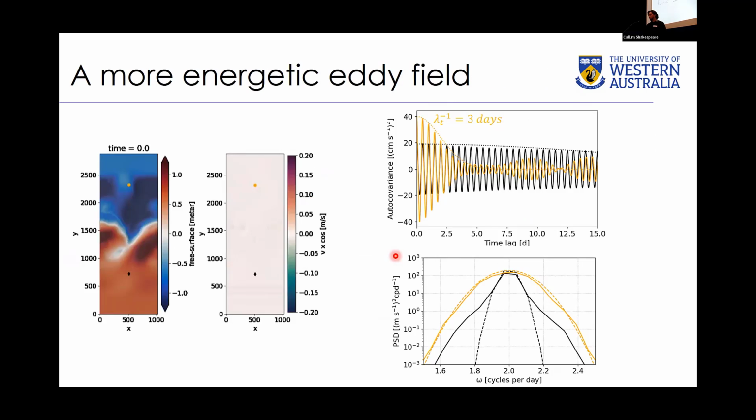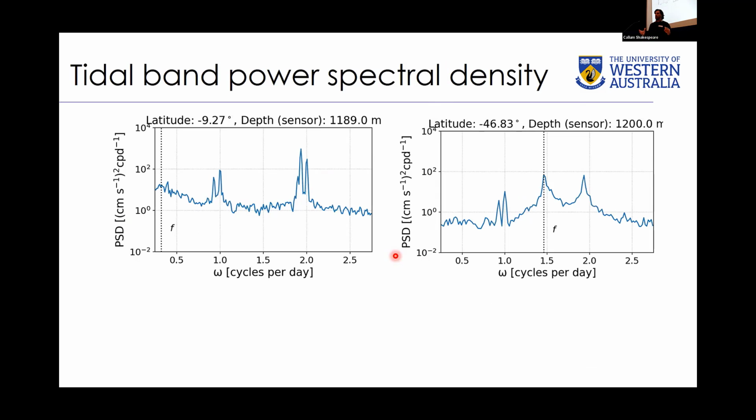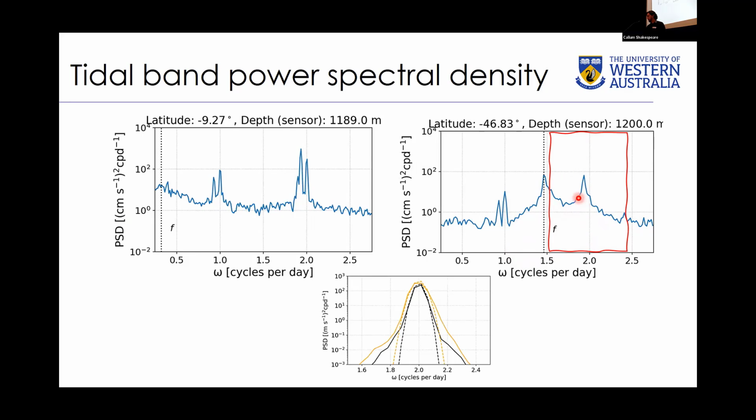So I guess the point of all that was you can use that information to try and interpret what is going on in this Southern Ocean site. Basically the waves are going through an eddy field and they're causing that spectral broadening to occur.